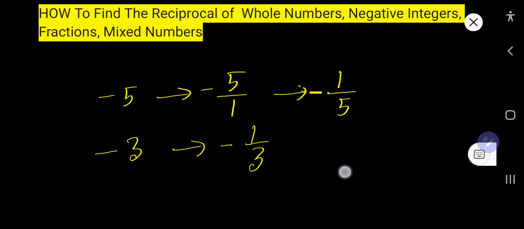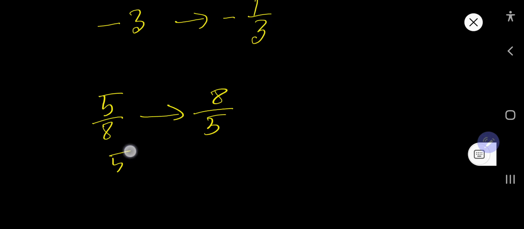So let's say you need to write the reciprocal of 5 over 8. What is the reciprocal of this fraction? Just flip this fraction: 8 over 5. If you multiply a fraction with its reciprocal, the result will be 1. 8 cancel each other, 5 cancel each other. You will get 1.